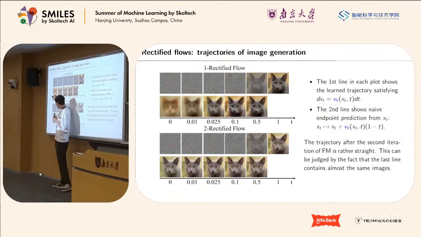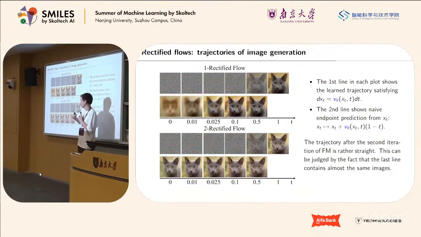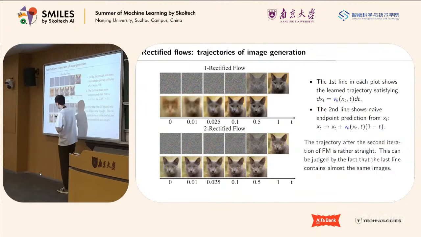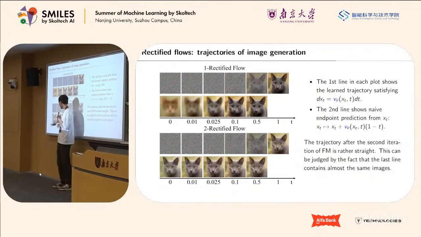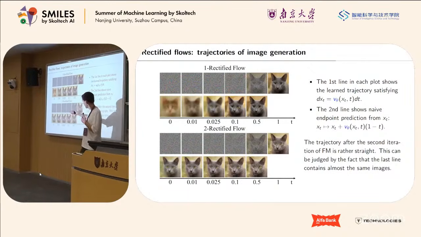But if you do rectified flows, training a flow matching model and then training again a model on top of this model, then even one-step generation, jumping from time 0 to time 1, becomes quite meaningful. It is not very blurry, and is of reasonable quality.